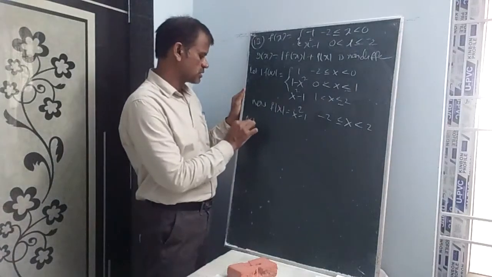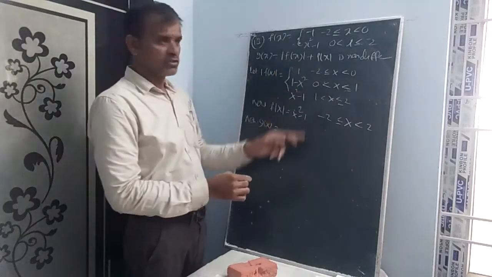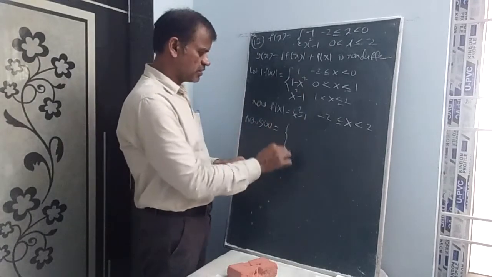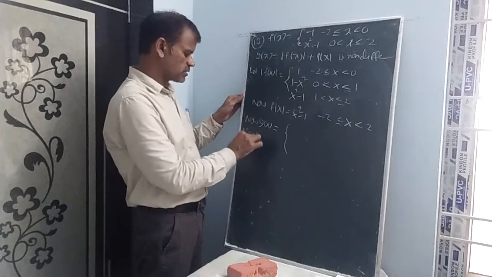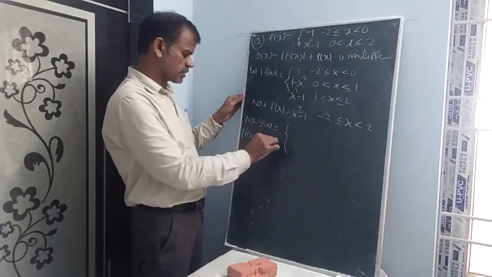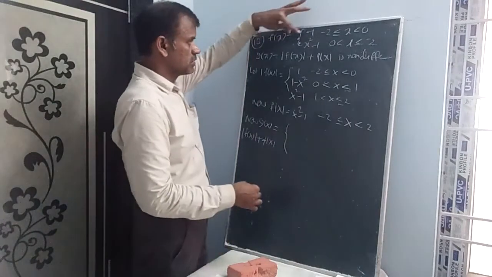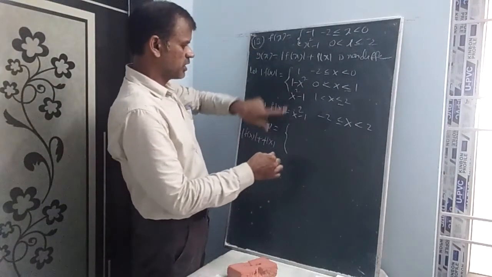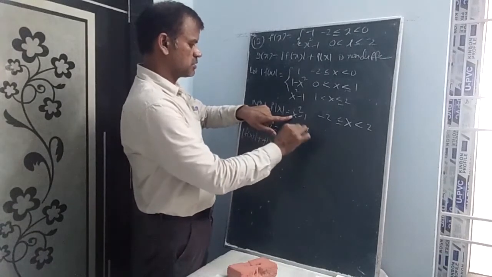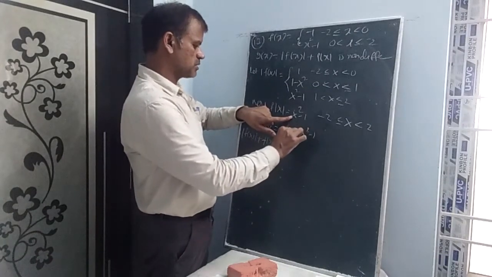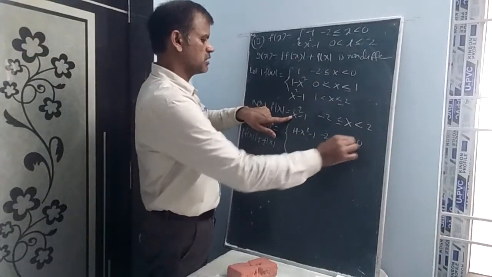Now g of x is modulus of f of x plus f of modulus of x. Add this one and this one: 1 plus x square minus 1 for minus 2 less than or equal to x less than 0.